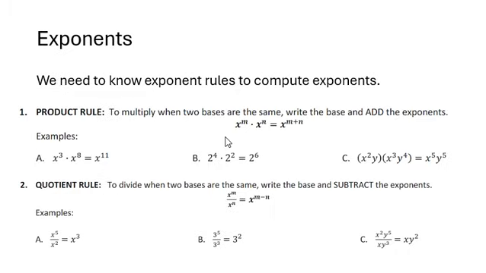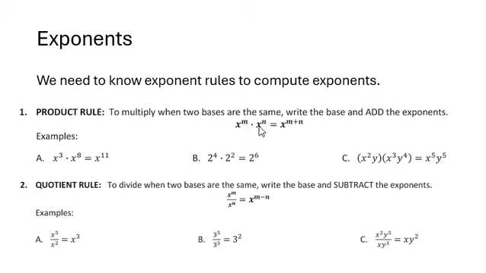Then we're going to quickly review the exponents. We need to know exponent rules to compute exponents. The very first rule: x to the power m times x to the power n. You have the same base x, so you can add the exponents: m plus n.